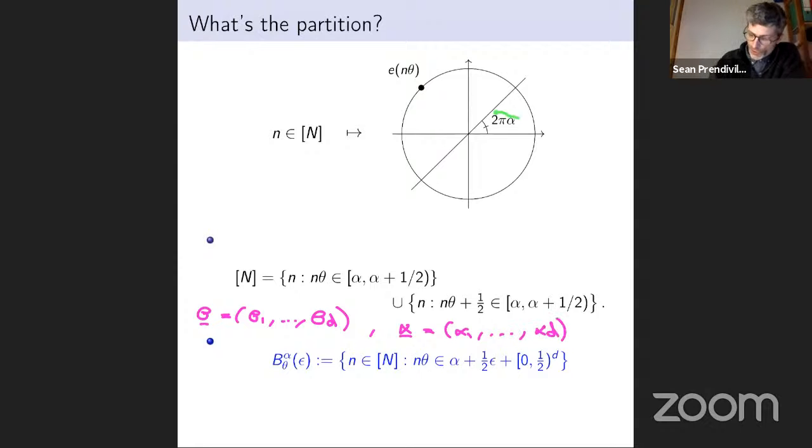These correspond to the choice of slices of our circle. So we've got d copies of the unit circle. We'll slice it in d different ways. And then the partition, we can either shift this interval by nothing or by a half. Okay, so shifting by nothing corresponds to this half of the circle, this arc. Shifting by a half corresponds to this arc.